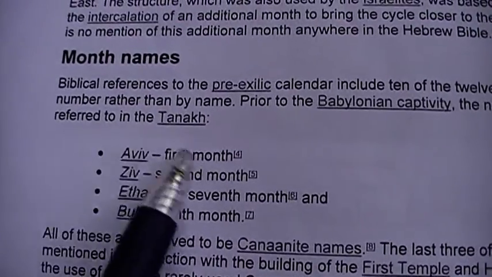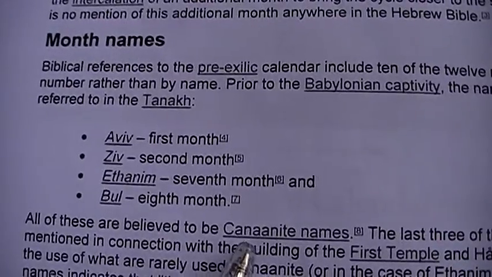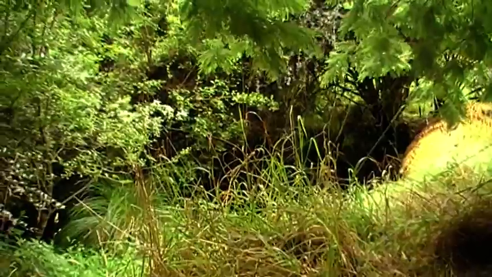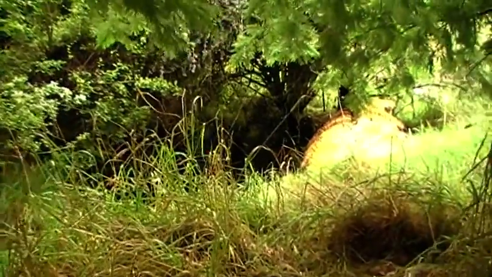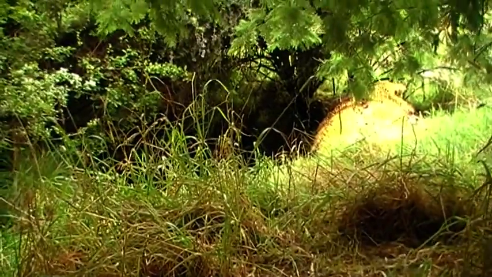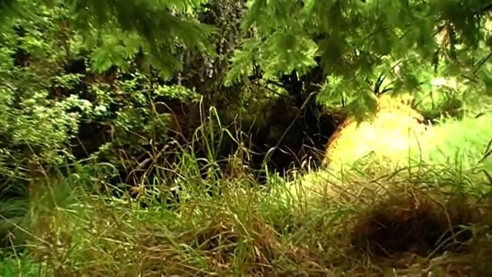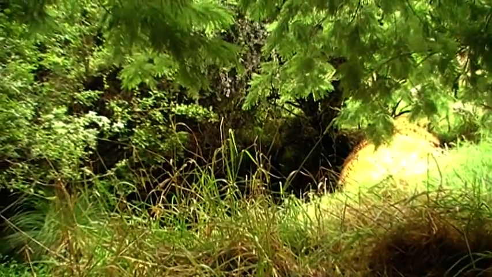So in the earliest parts of Scripture, we see them using Canaanite names. So that would indicate that it's possible that the early Israelites in the time of Moses, or even beforehand, were actually using what we consider to be the Canaanite calendar.